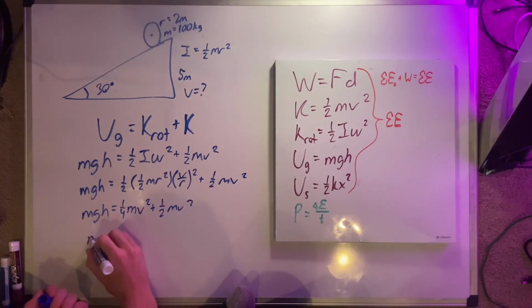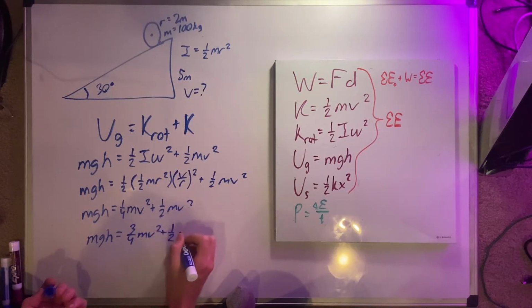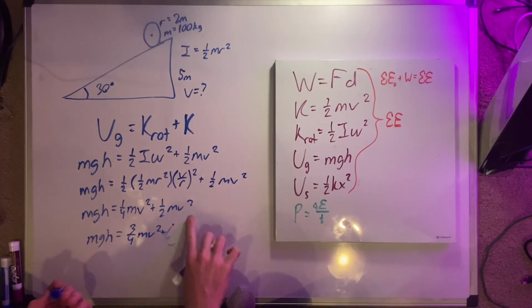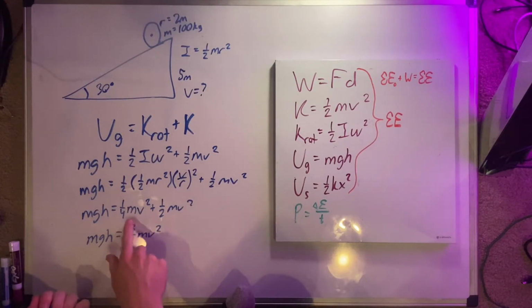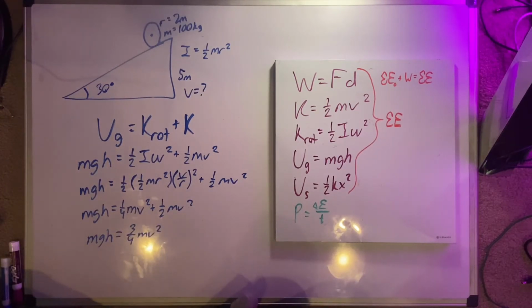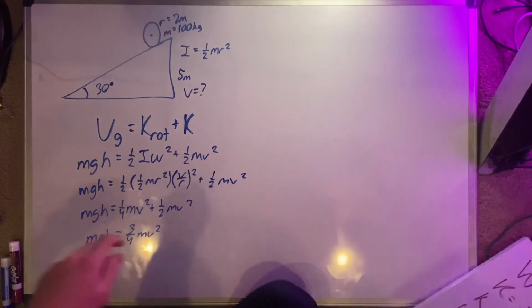Oh, perfect. mgh is equal to 3/4 mv squared. Oh, no, not plus 1/2 mv squared, just 3/4 mv squared, because 1/4 plus 1/2 is 3/4. So now that we have this equation, we can use that to solve for final velocity.